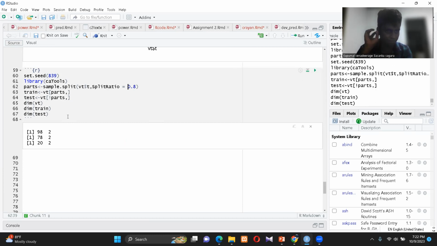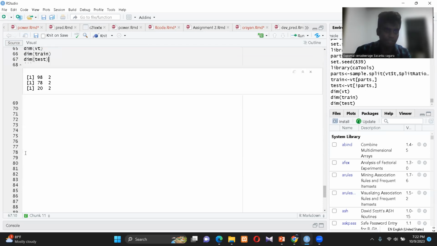Okay, so you can see train includes 78, randomly 78 observations are taken into train and 20 observations are taken into test. And now we are ready for training the data frame, right? So I'll use linear regression.